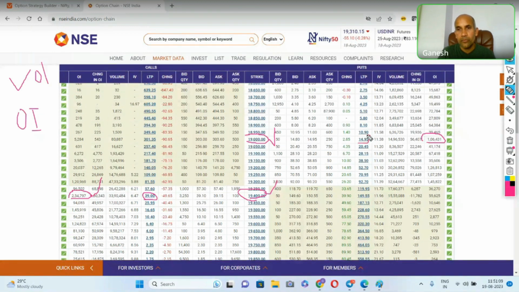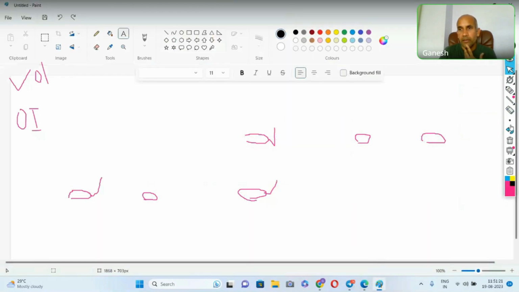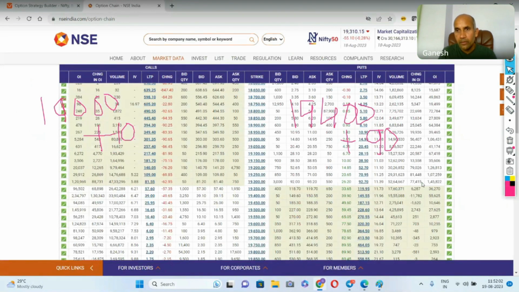Premium is 14. Now, if you see this one, how do you draw resistance and support? Though it has 19,000 as one, we'll have to find the highest one, 1,45,000, for the week.